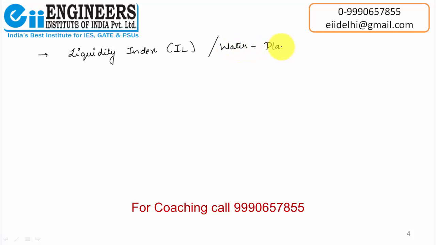Now this is defined as the percentage of natural water content of the soil minus plastic limit to IP.